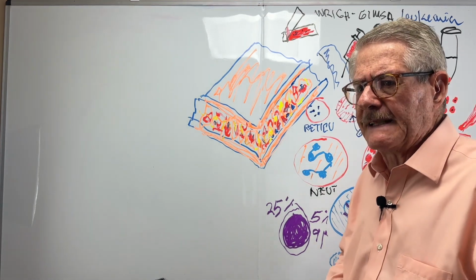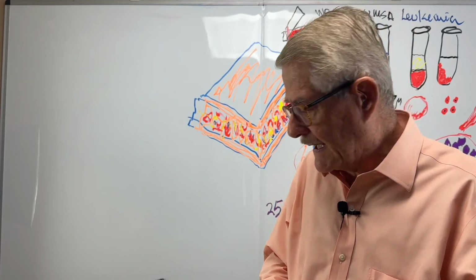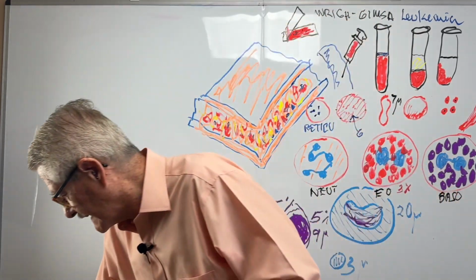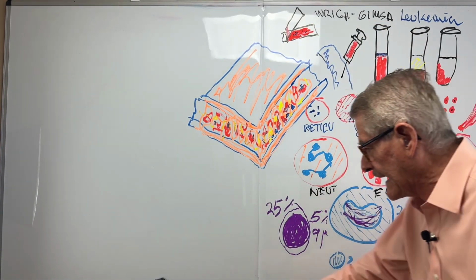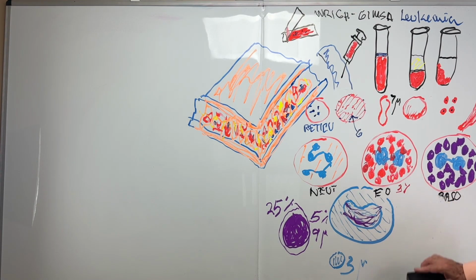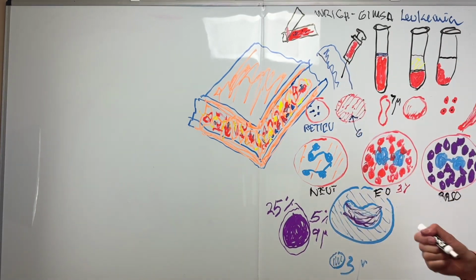It doesn't seem like it would be very important, but it is, and we depend on the platelets to survive. I'm going to give you a little bit of a diagram to see how the platelets work, but only in a very simplified fashion.